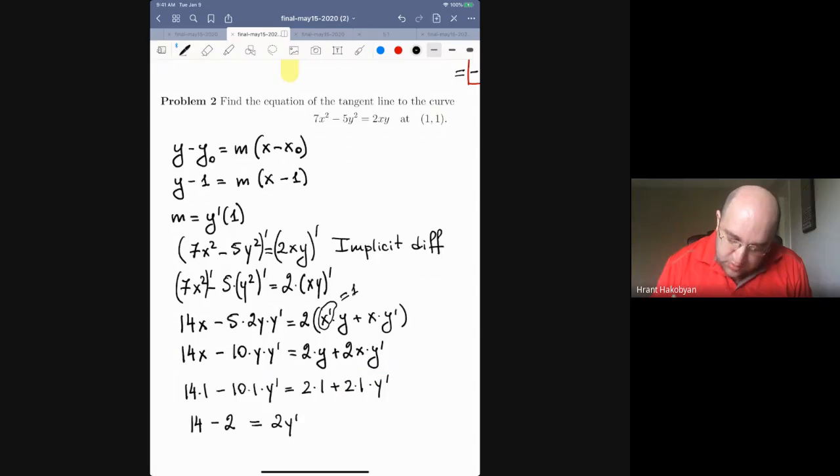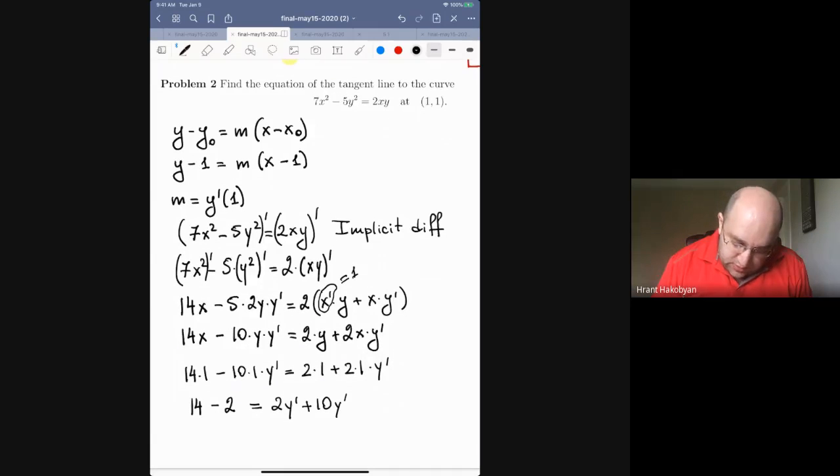And then there is the other term, negative 10y prime, and that's going to go to the other side, so I'm going to add that to the right-hand side. So what I get is 12 is equal to 12y prime. So that means y prime is equal to 12 divided by 12, which is 1.